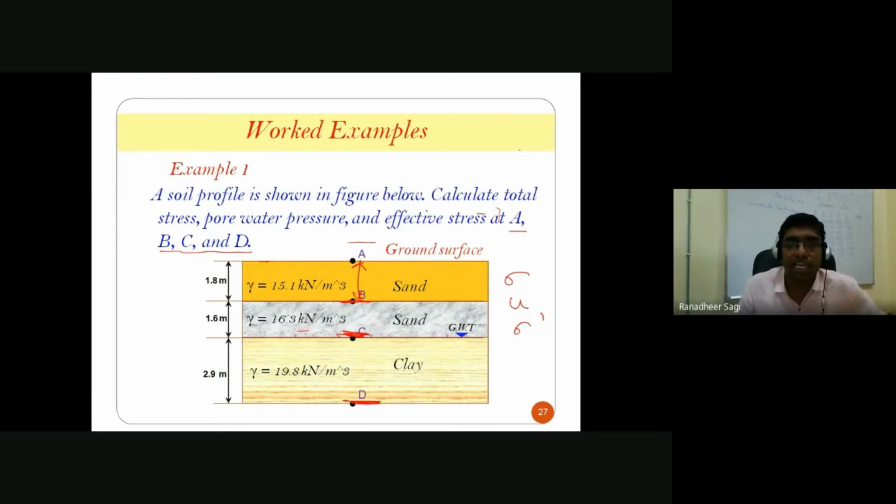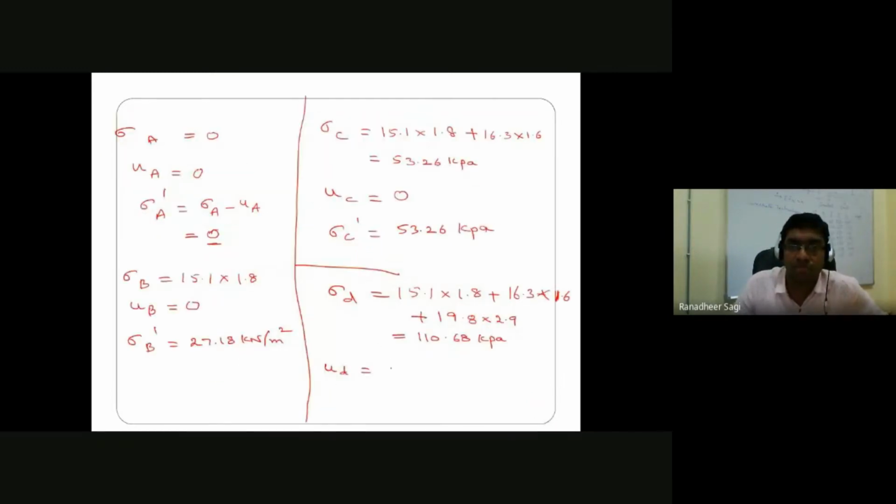The pore water pressure is unit weight of water into the pressure head. Unit weight of water, if I consider it as 9.81 kilonewton per meter cube, and the corresponding pressure head is 2.9. Then 28.45 kilopascal is the pore water pressure at the position of point D.